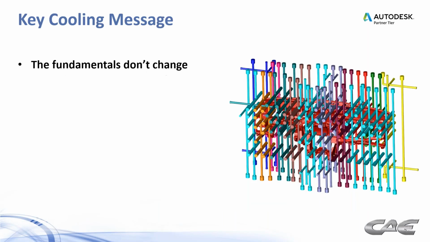So our key message here, though, is no matter what type of analysis you do, the fundamentals really don't change. You've got a heat load on a mold, and you've got to get that heat out of there, and you want to do it as uniformly and efficiently as you possibly can. But how do we take advantage of those fundamentals to get the cooling and uniformity and efficiency that we want?